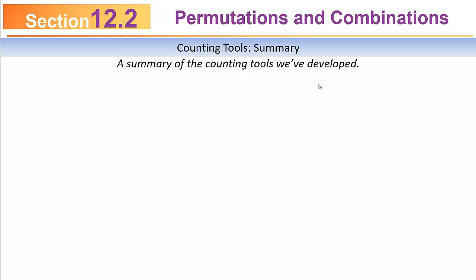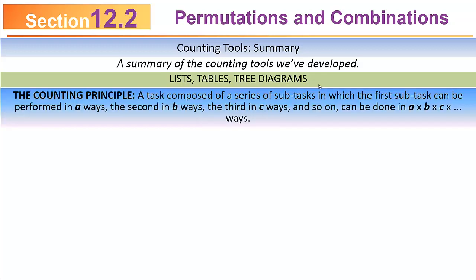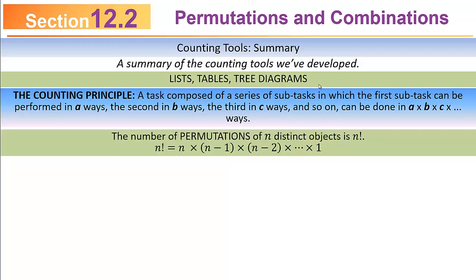Along the way, I've been building up our toolbox. I want to go through this one more time. We started off with the lists and tables and tree diagrams. Then we moved to the counting principle. Then we talked about n factorial, which is a special permutation where you take everything all at once, like n things n at a time.